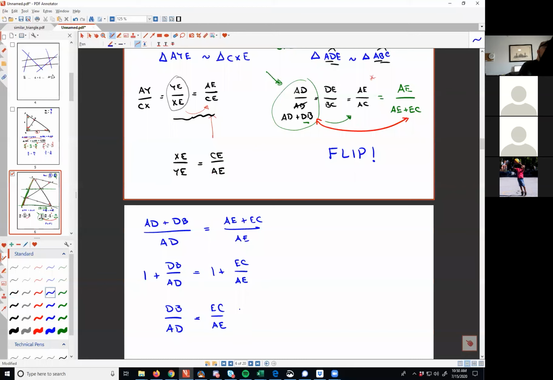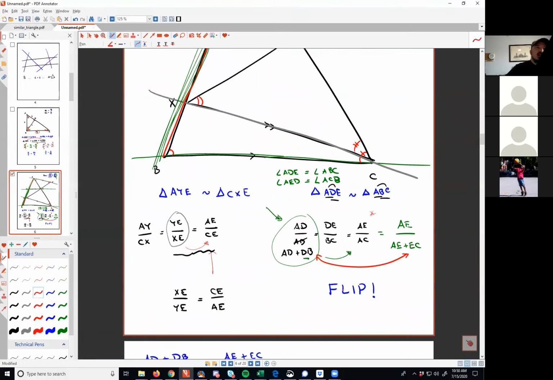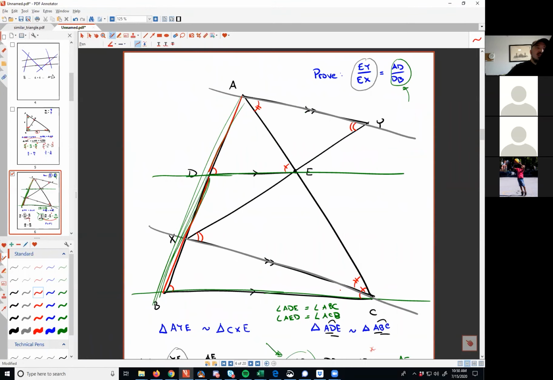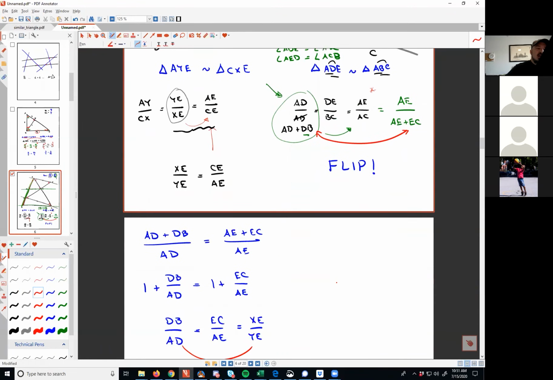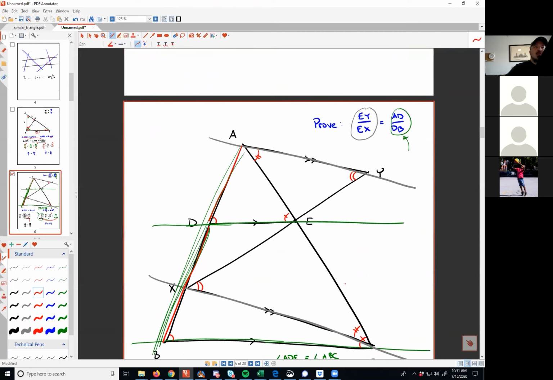So EC over EA is equal to XE over YE. And this is what we were trying to prove. DB over AD is XE over YE. Really, we would just have to flip those. We take the reciprocals and we're done.